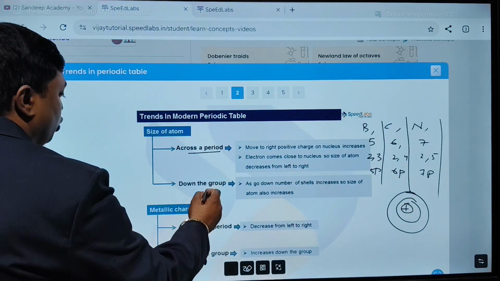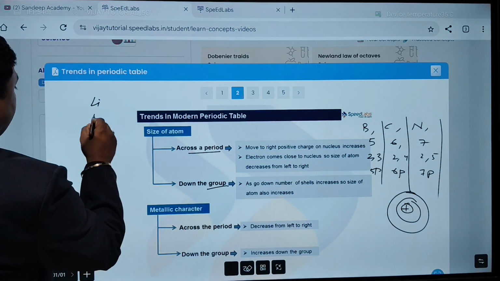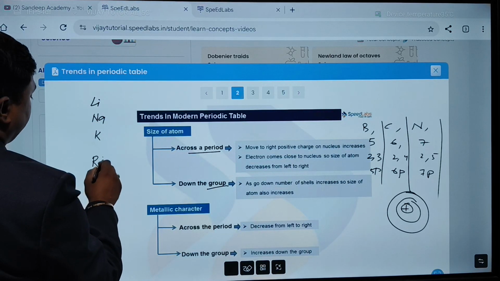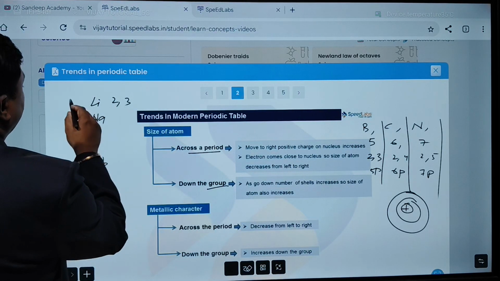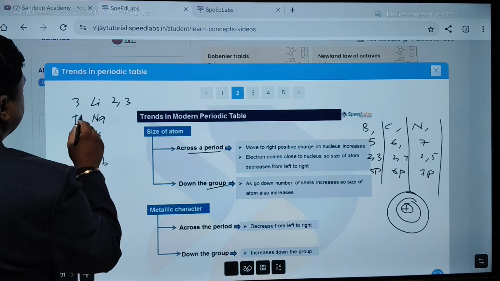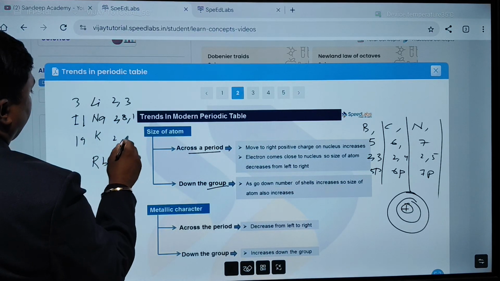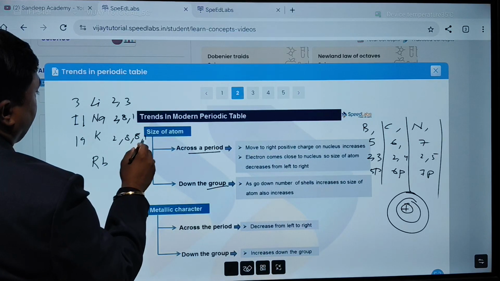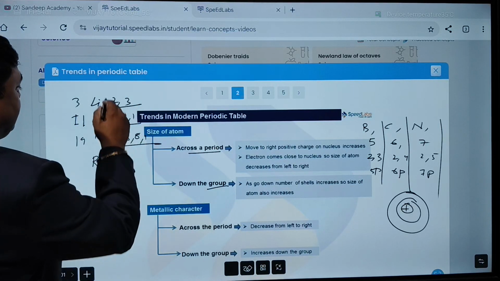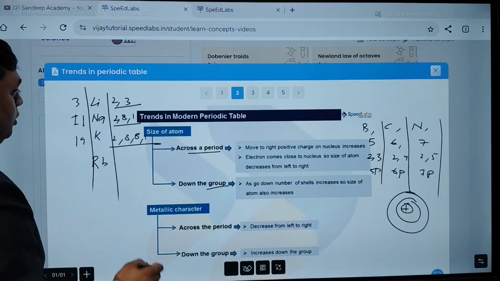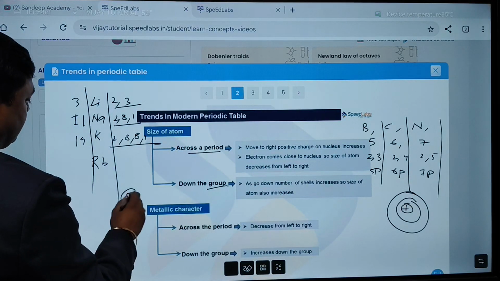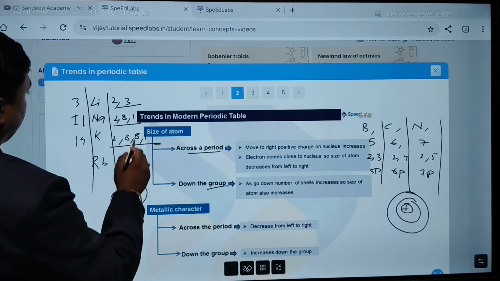But when you talk about the group, like lithium, sodium, potassium, rubidium: here the atomic number is 3, here 11, here 19. Here 2, 1; here 2, 8, 1; here 2, 8, 8, 1. You can see the number of shells increases when you move from top to bottom. Lithium has 2 shells, 2, 1.